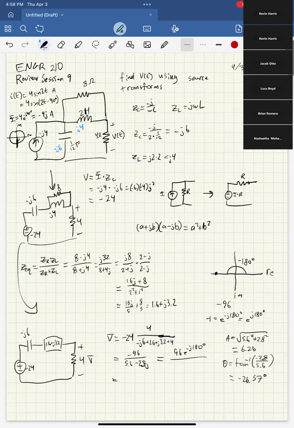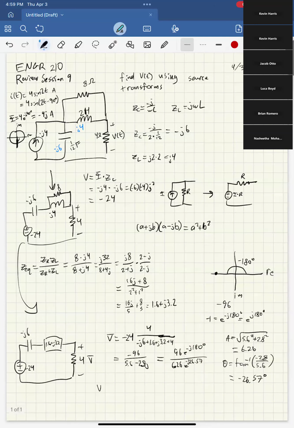So we come back here and fill that in. So it's 6.26 e to the negative j 26.57. And if you remember how this works, you divide these two numbers and you subtract the bottom phase from the top phase.